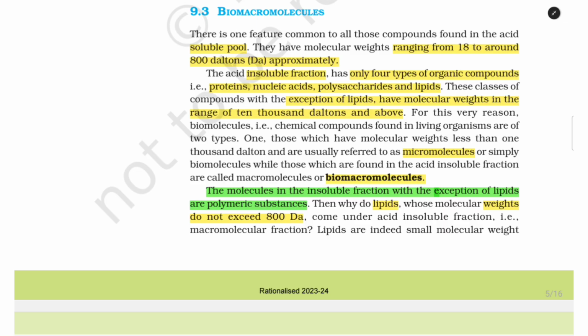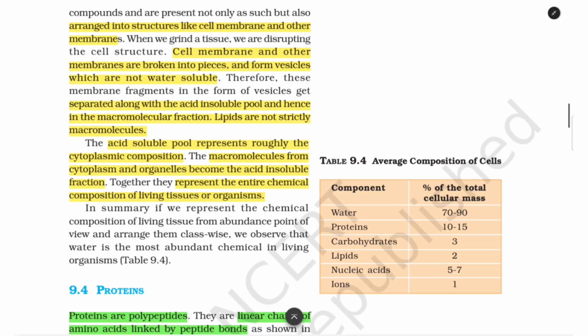Then why do lipids, whose molecular weights do not exceed 800 Dalton, come under the acid insoluble fraction, that is, the macromolecular fraction? Lipids are indeed small molecular weight compounds and are present not only as such but also arranged into structures like cell membrane and other membranes. When we grind a tissue, we are disrupting the cell structure.